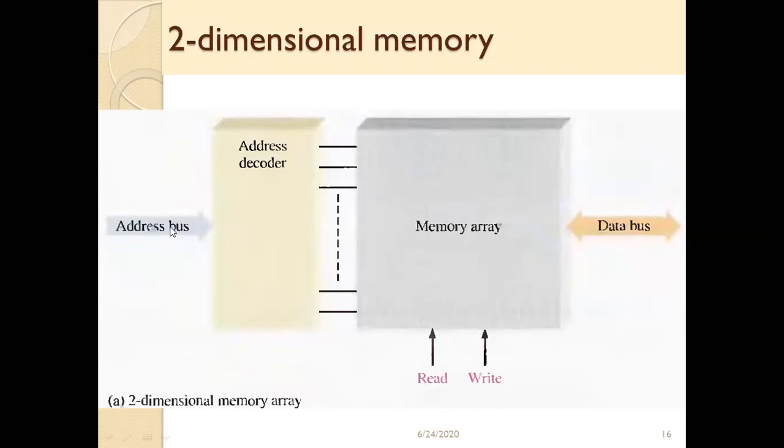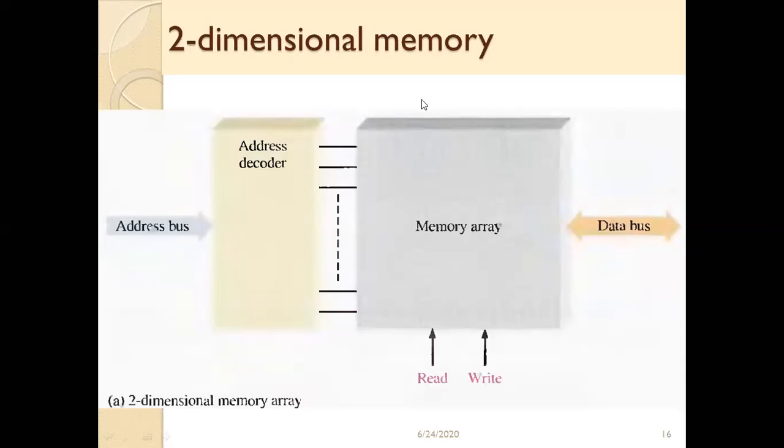These lines are called the address bus, these lines the data bus, and these lines the control bus. Now, how do you put data on memory, or how do you take data from memory? I suppose a two-dimensional memory.